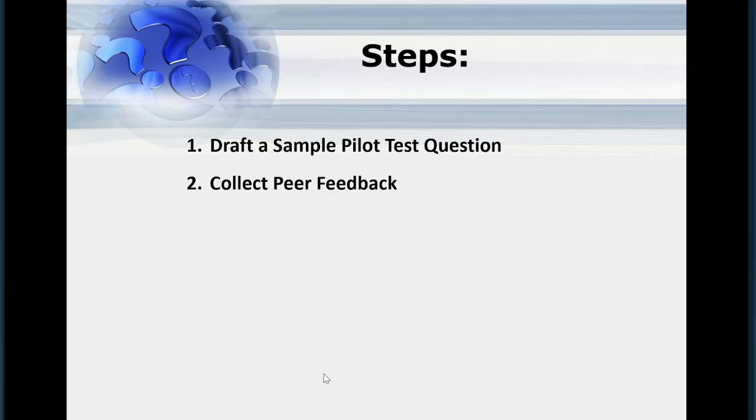Then you can collect peer feedback. You can ask peers if they found the question clear and if any adjustments were needed. You can document any feedback to refine the question. Testing with peers can reveal wording issues or ambiguities, improving clarity and data reliability in the final questionnaire.